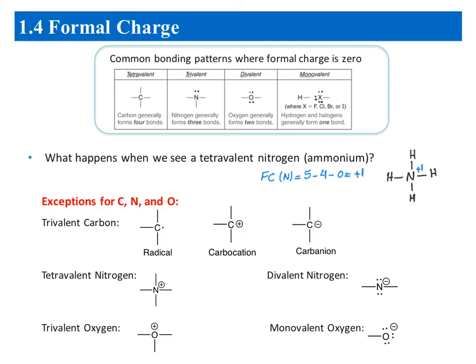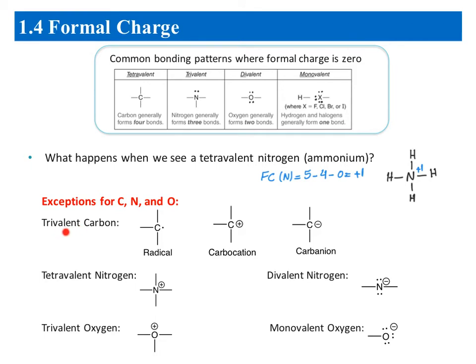So in the same manner, you can draw Lewis structures for trivalent carbon or even divalent nitrogen or trivalent oxygen and see what happens. So I already did that for you. Let's look at the carbon. So carbon in the neutral format, we already talked about it, is tetravalent and it has 0 formal charge.